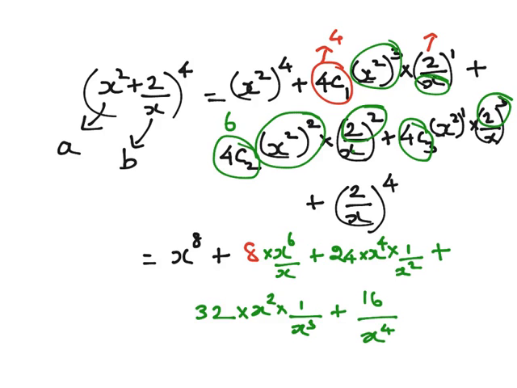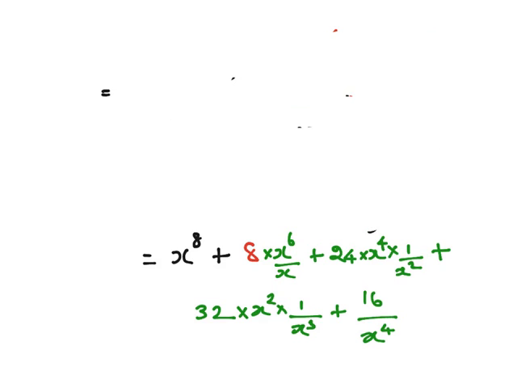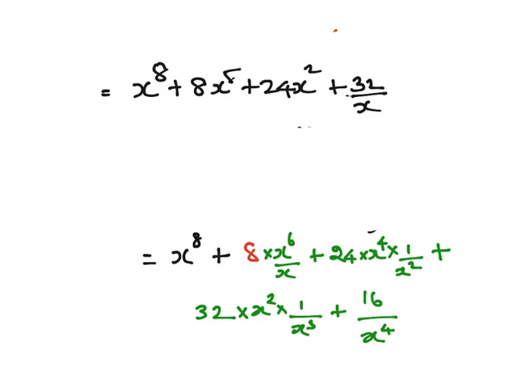So the answer will be x⁸ plus 8x⁵ plus 24x² plus 32/x plus 16/x⁴. So this is the expansion of (x² + 2/x)⁴.